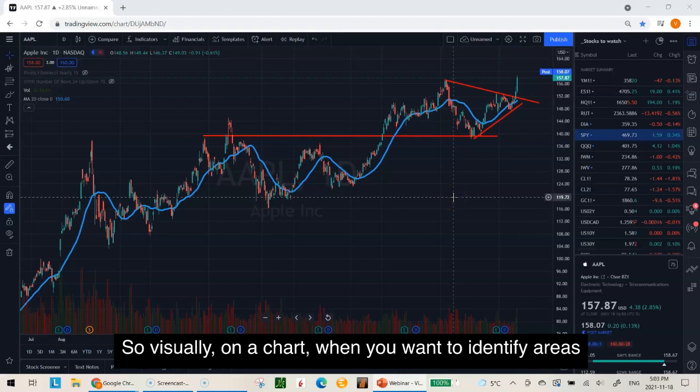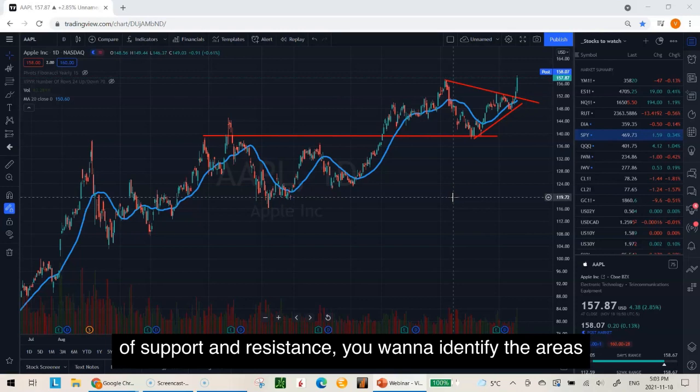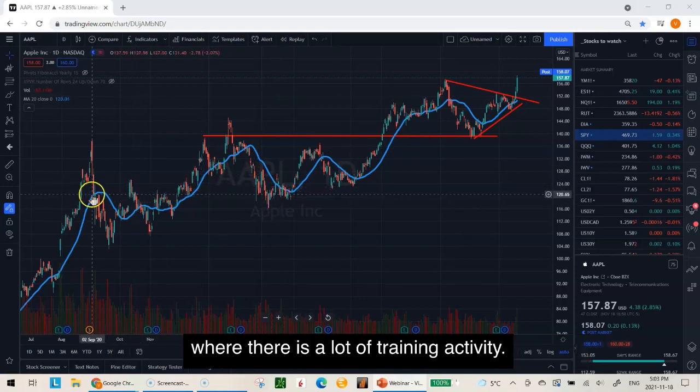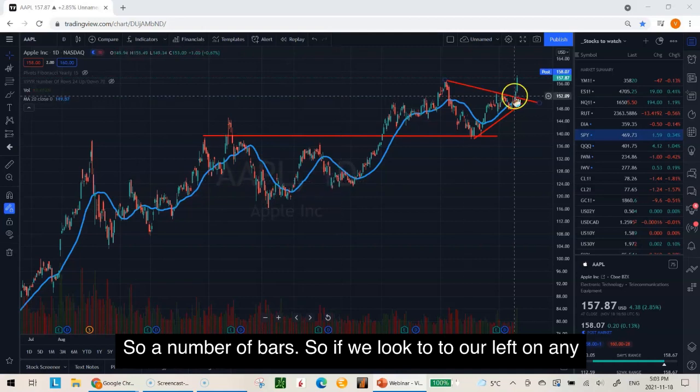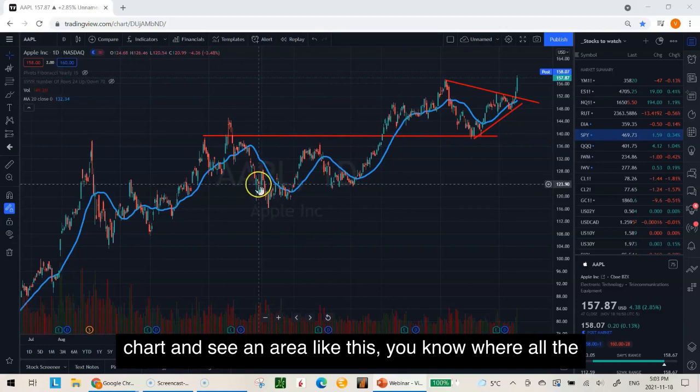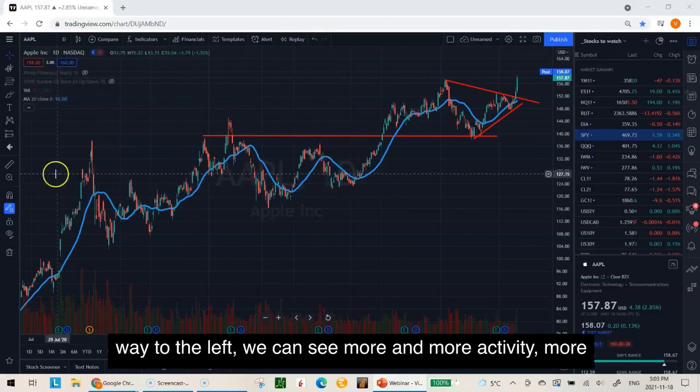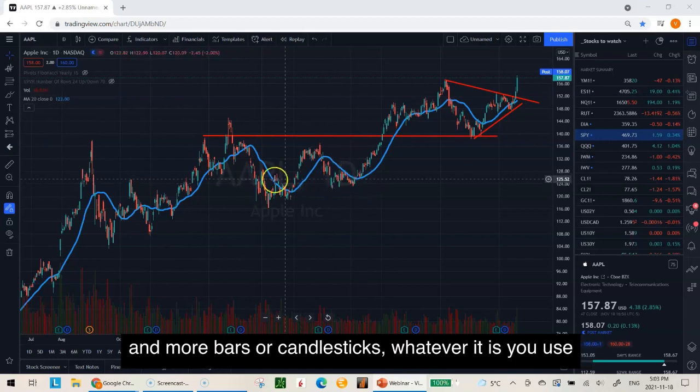So visually on a chart, when you want to identify areas of support and resistance, you want to identify the areas where there is a lot of trading activity, so a number of bars. So if we look to our left on any chart and see an area like this, all the way to the left we can see more and more activity, more and more bars or candlesticks, whatever it is you use.